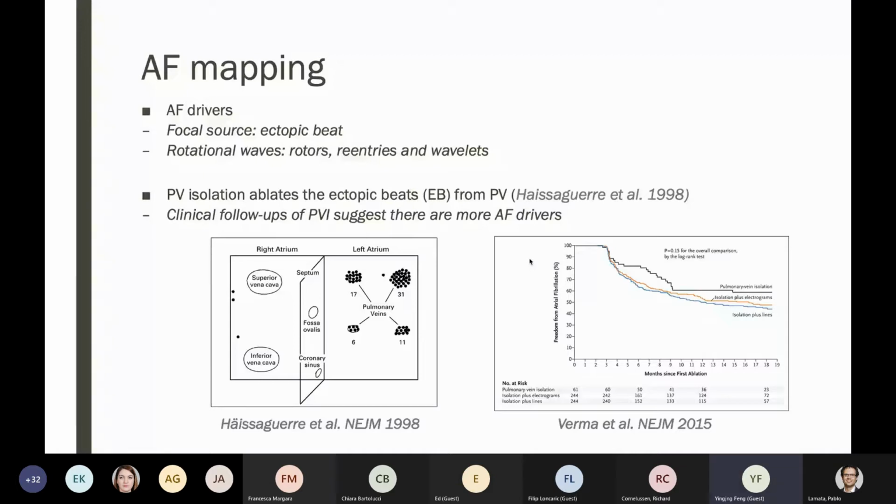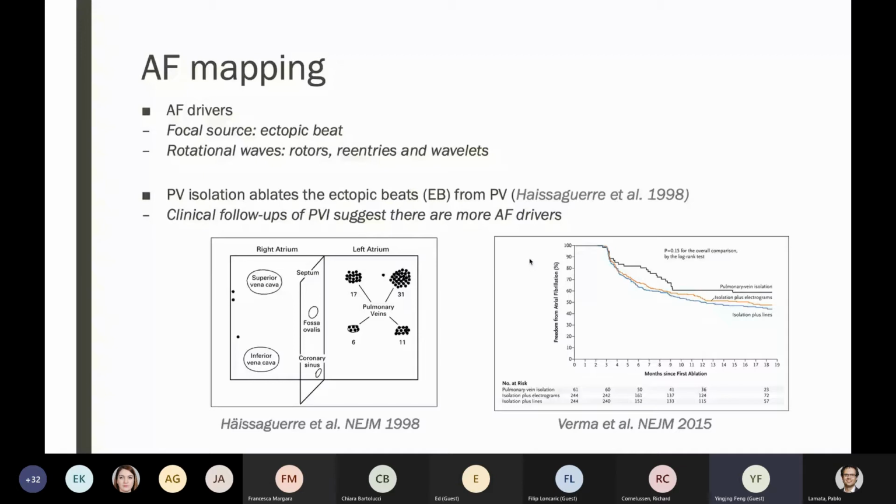The current mainstream of studies suggests that AF drivers are of two kinds. One is the focal source, which are the ectopic beats, and the second kind is rotational waves, such as rotors, reentries, or wavelets.